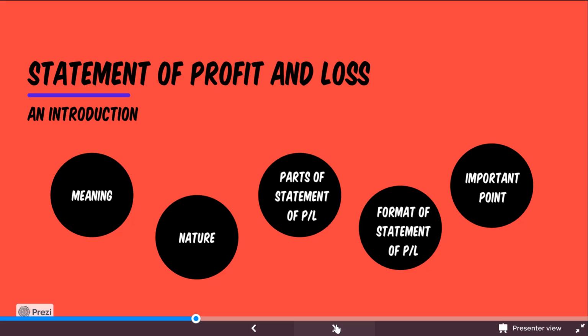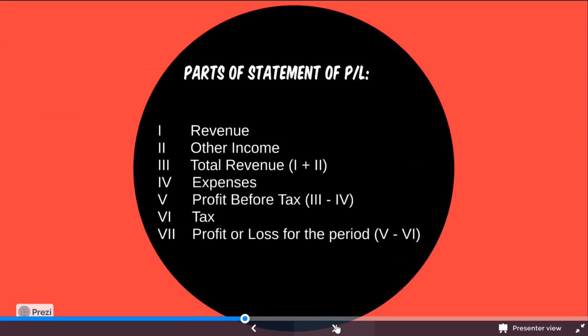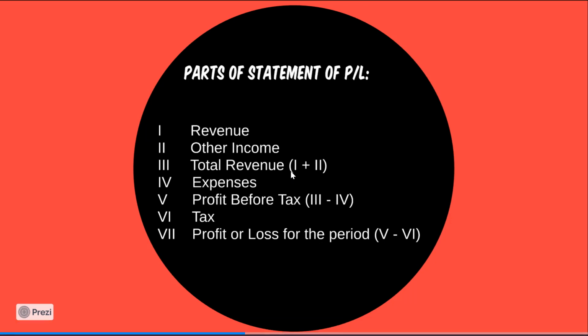Let's look at the parts of the statement of profit and loss. The first part is the revenue from operations. The second part is other income. The third part is referred to as total revenue, where we will add the part 1 plus the part 2, which is the revenue from operations plus the other income, to get the part 3, which is total revenue.